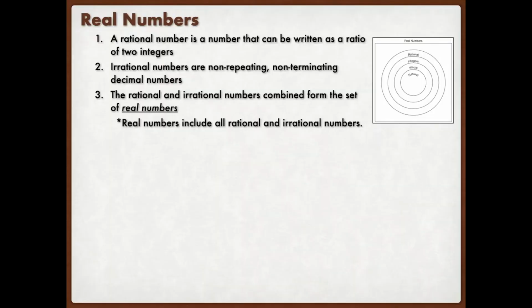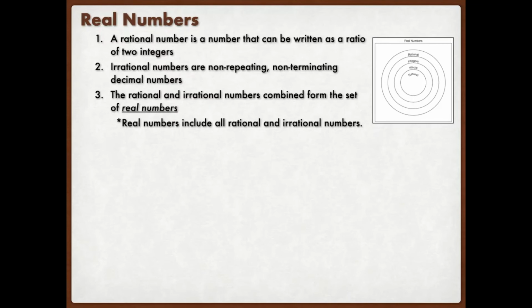Now the picture on the right is a good illustration to show us what real numbers are. Real numbers include rational, integer, whole, and natural numbers. Those numbers are found within the realm of real numbers, but each of those are separate from each other. A rational number is a number that can be written as a ratio of two integers.